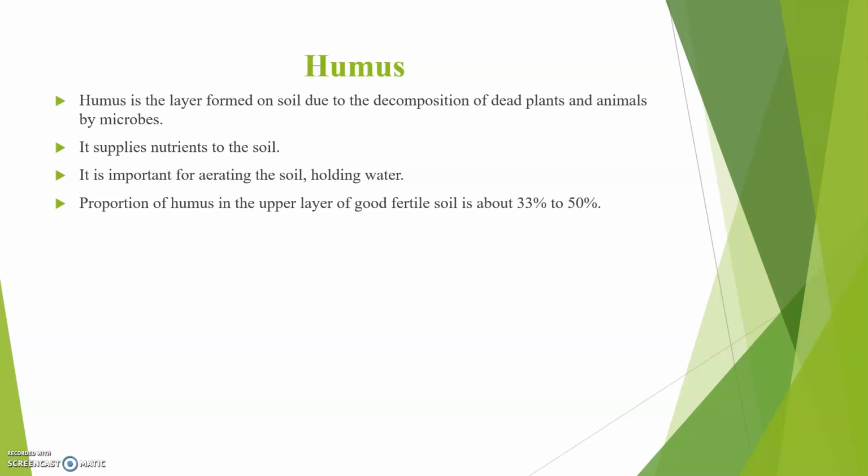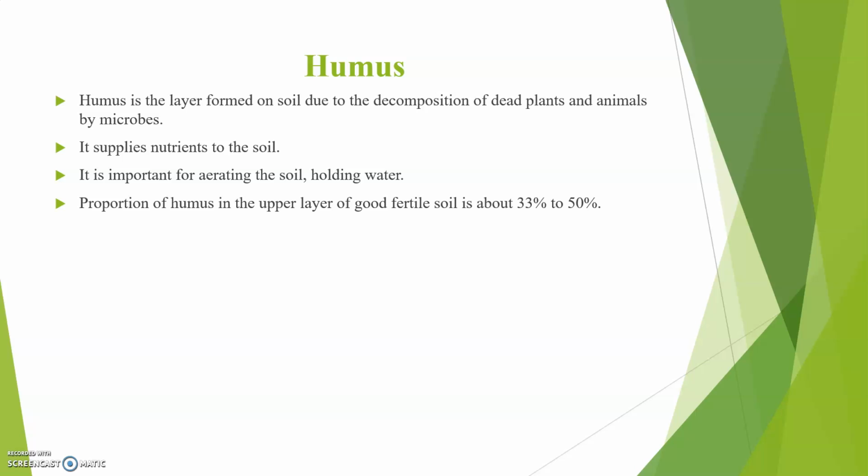Humus. Humus is the layer formed on soil due to the decomposition of dead plants and animals by microbes. As the plants and animals die, the microbes attack them and they decompose, which is very nutritious and provides nutrition to the soil.